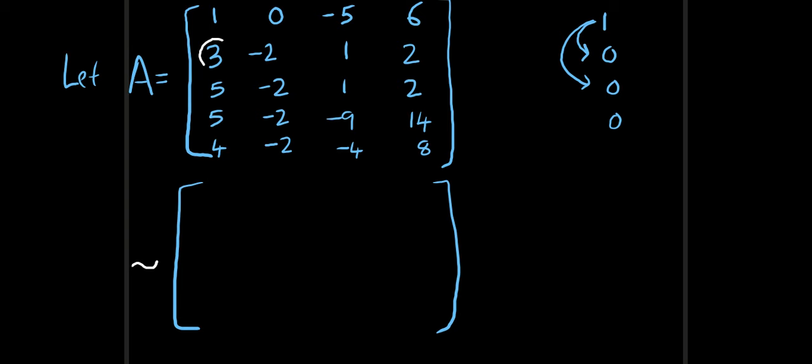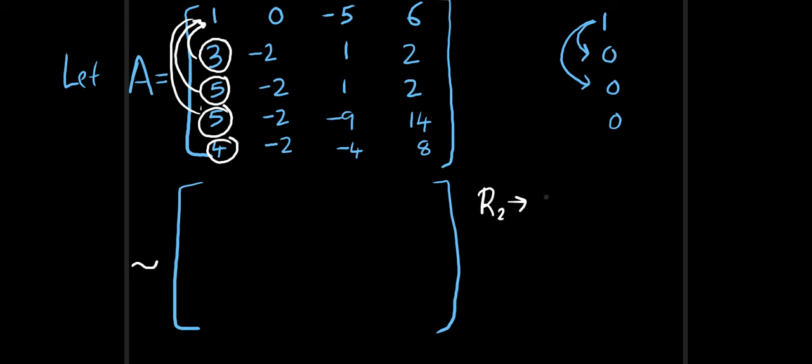Now I'll circle my target elements. This one, 5, 5, 4. And everything will be changed into 0 using this 1. Okay, so I'll write the operations.